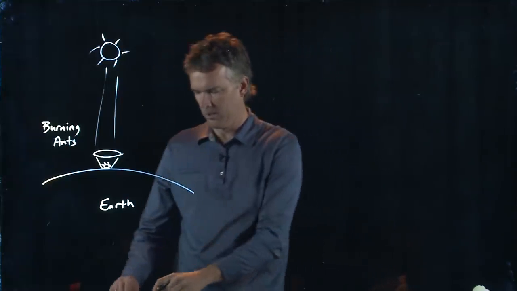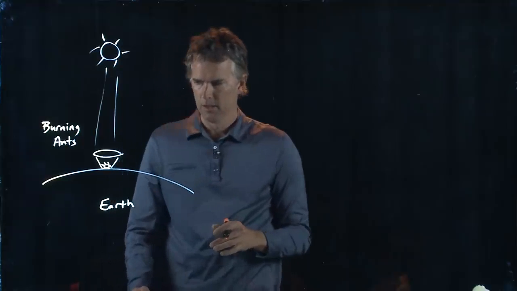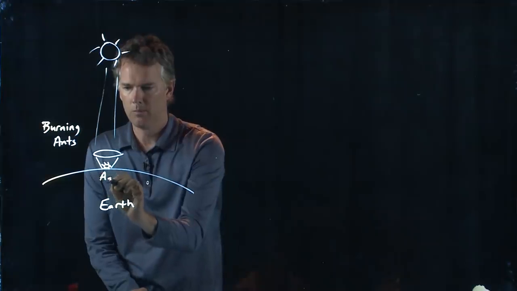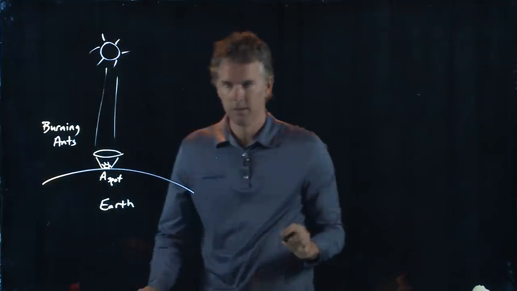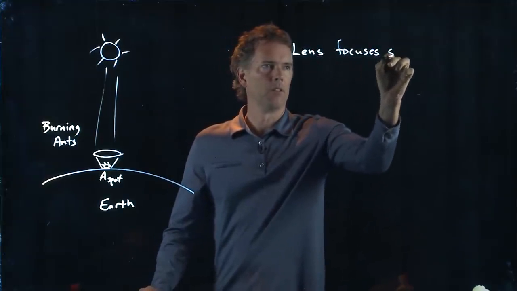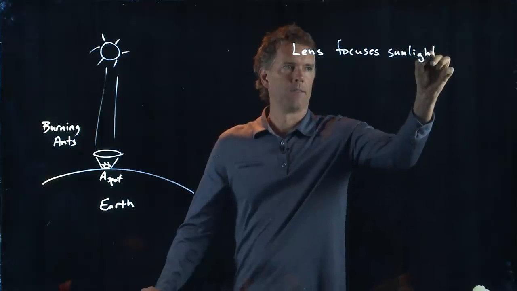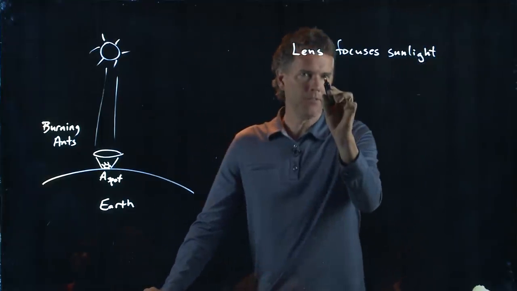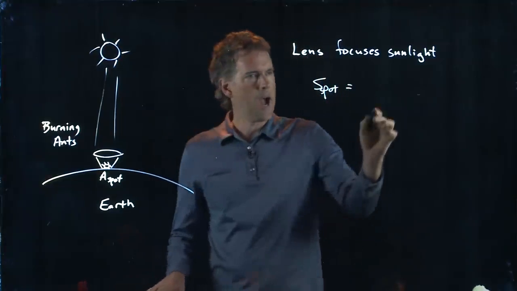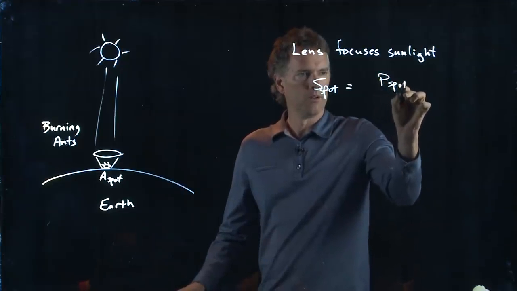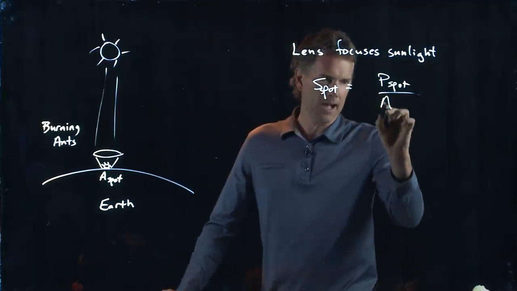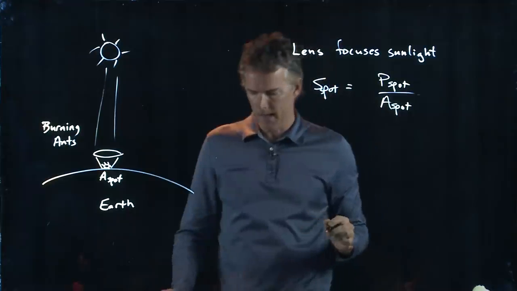And let's say that we're going to use a lens to focus the sunlight down to an area which we will call a spot. Okay, so the lens focuses the sunlight, and therefore the intensity at the spot is going to be how much power you collected with your lens, or how much power is in that spot, divided by the area of that spot.